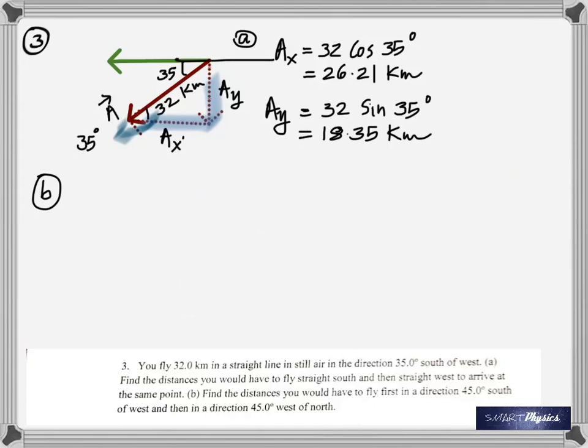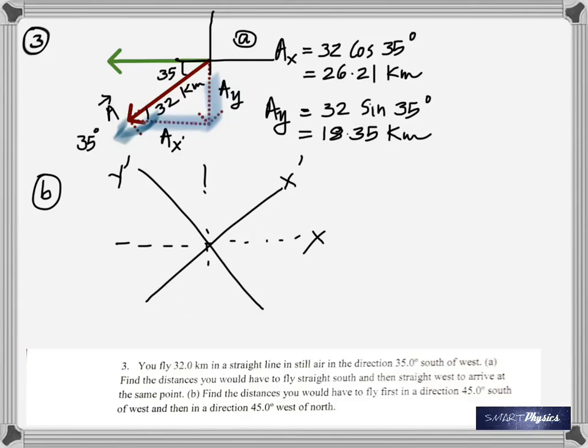Now B, find the distances you would have to fly first in a direction 45 degrees south of west, and then in direction 45 degrees west of north. So first you fly, so I'm just trying to show you what 45 degrees is there.